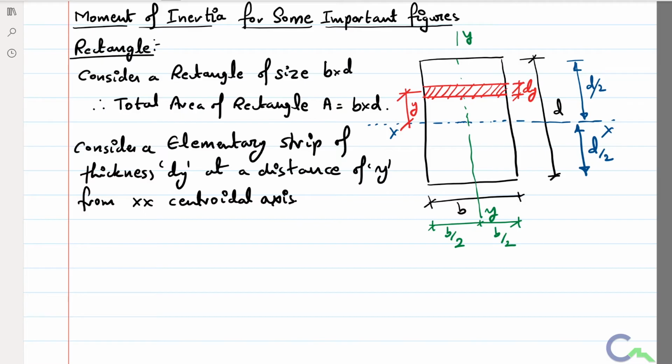Now if I want to calculate moment of inertia of that elementary strip about xx centroidal axis, it is nothing but area of the elementary strip into distance square. In this case the distance is y.